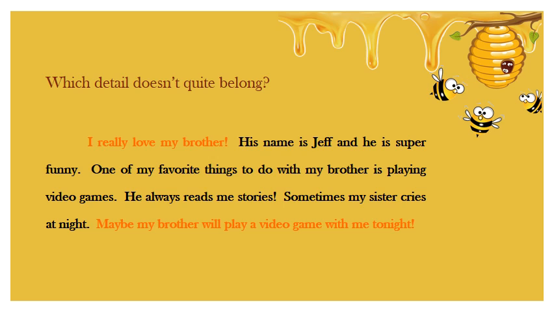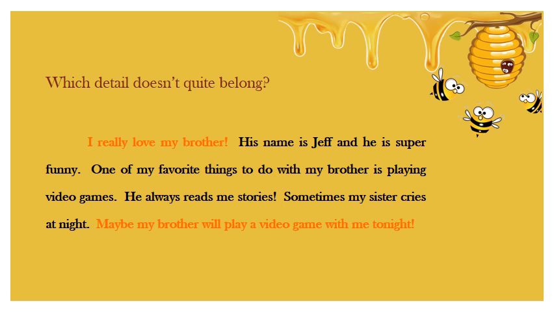Okay. Sometimes my sister cries at night. Stop for a moment. What about my sister? Am I supposed to talk about my sister in this paragraph? No, I'm talking about my brother and why I really love him. So must I add the details about my sister?